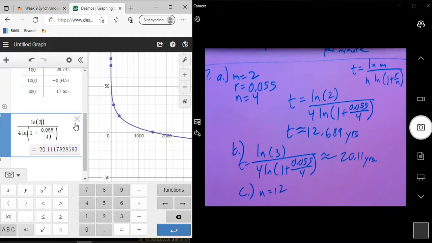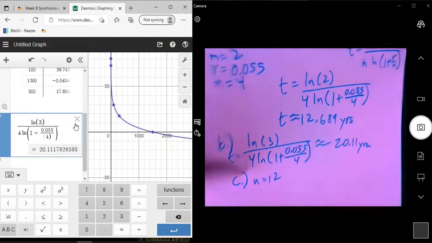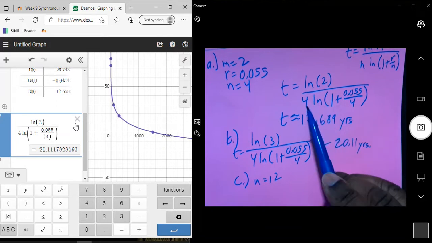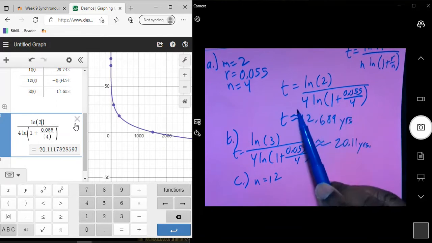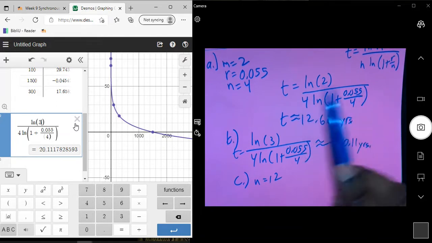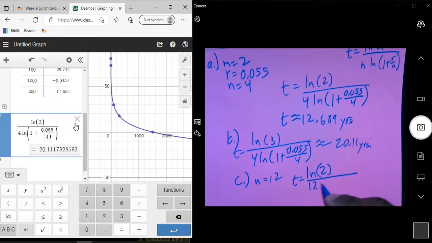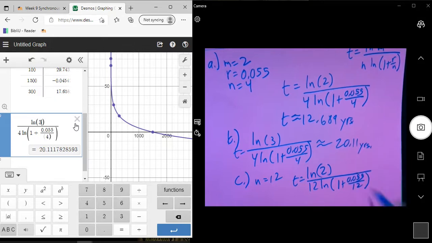Now remember, it's part A. So if we look back up at part A, the only thing that's going to change is that these 4s will become 12. Everything else will remain the same. So you have T is equal to the natural log of 2 over 12 times the natural log of 1 plus 0.055 divided by 12.